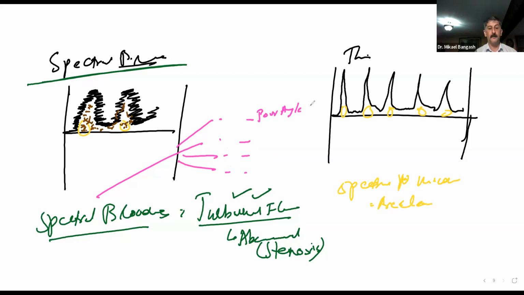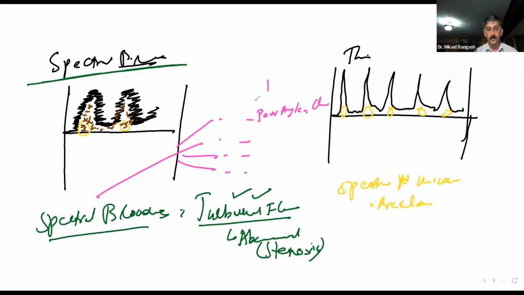If you have a poor angle, an angle that is close to 90 degrees, it may produce a spectral reading that looks like spectral broadening, but it's not due to turbulence. It's just because we have a poor angle.